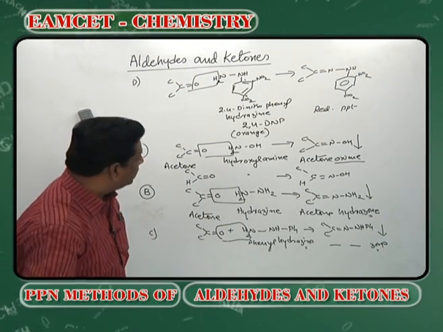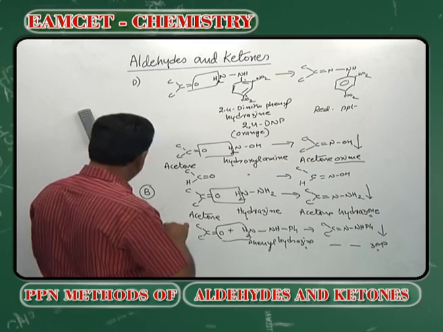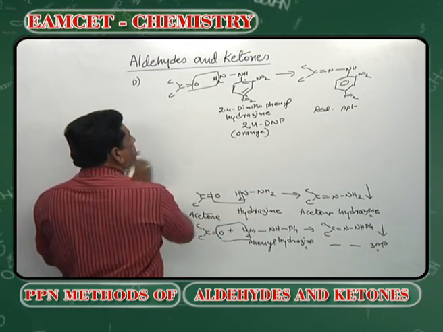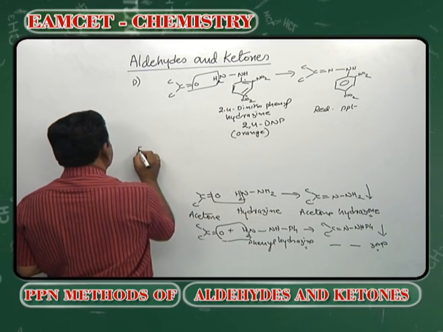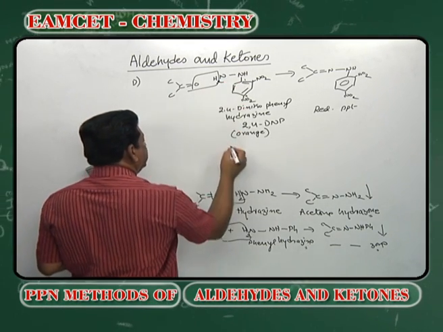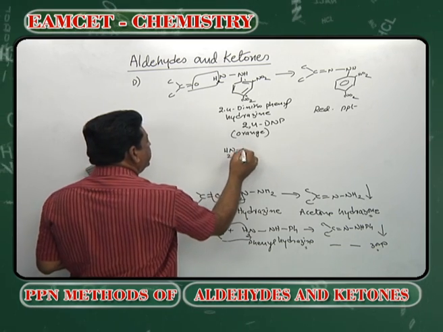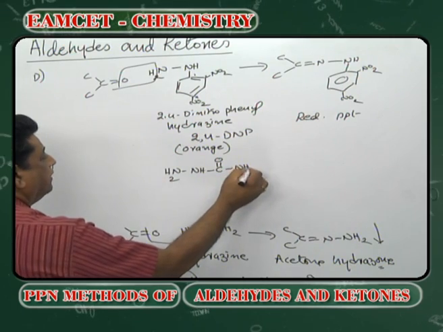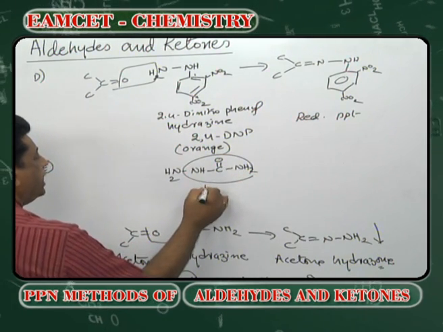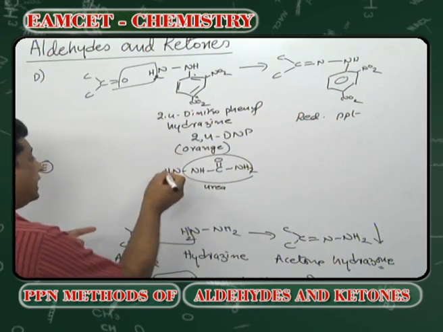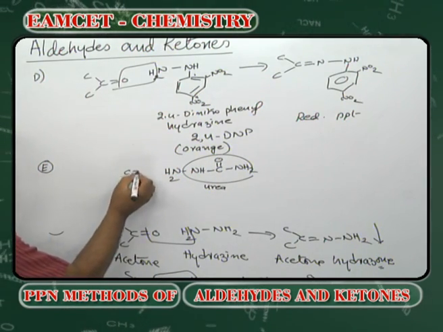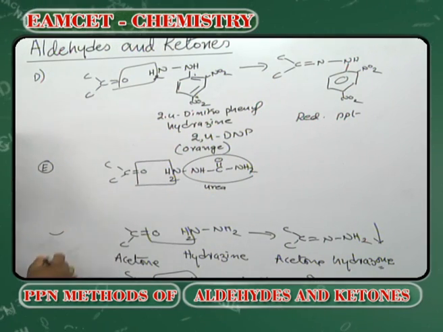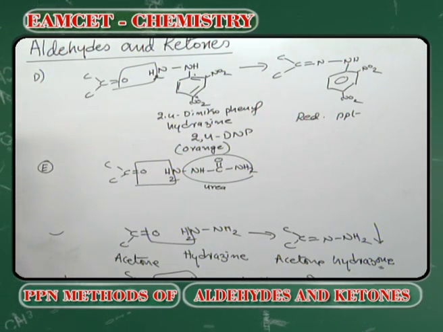If the reagent is slightly changed, one more small change is there. Instead of this, if the reagent is NH2 with NHCONH2, what is the Y here? Y is urea. Urea containing ammonia, if you take and add to the carbonyl compound like acetone, again water is removed. It is again a nucleophilic condensation reaction.